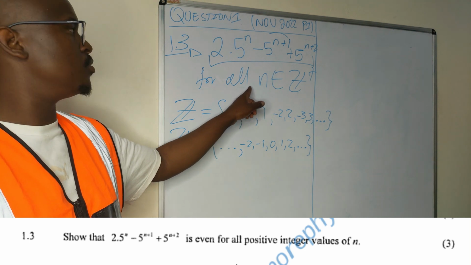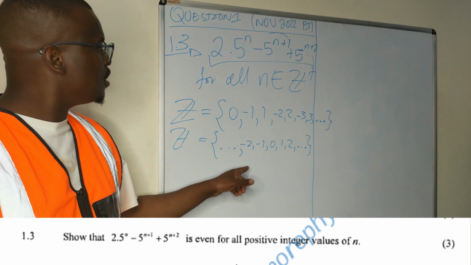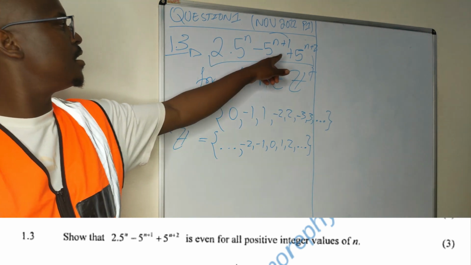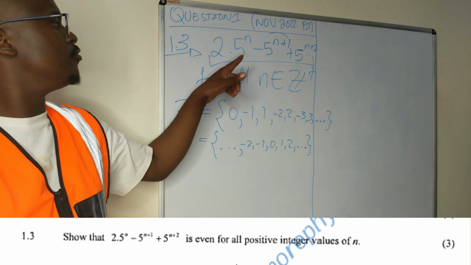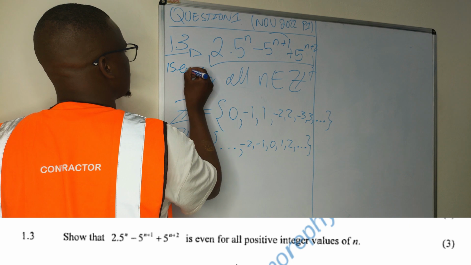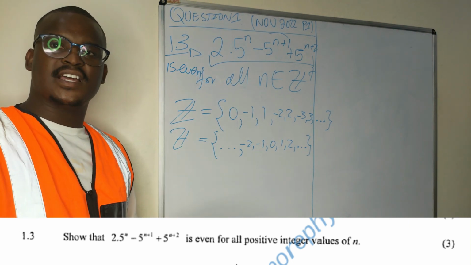That's what they are telling you. For all n is a positive integer.